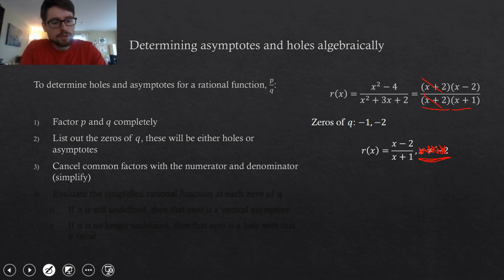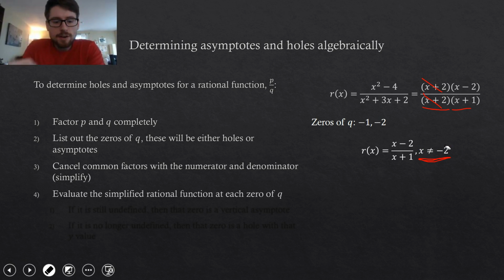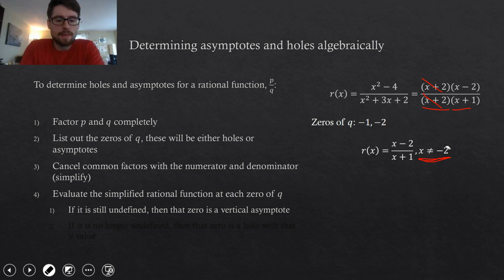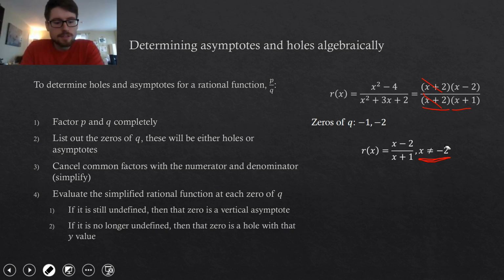And so to keep track of that information and not lose it, I'm going to write that as part of our domain. Okay? And now we evaluate the simplified rational function at each of those zeros, and if it's still undefined, then the zero is a vertical asymptote. But if it's no longer undefined, then that zero is going to be a hole with that y value.